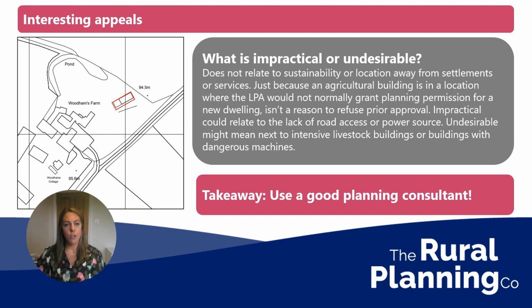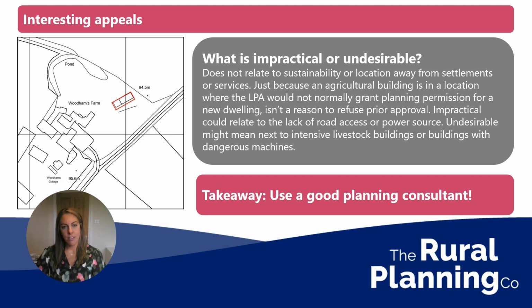So impractical could mean the lack of road access or power source. You could argue that power source is surmountable in other ways, but road access could be something like being 2.5 miles up a long track with no turning or pulling in. That might be impractical.